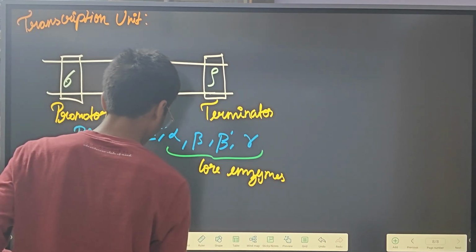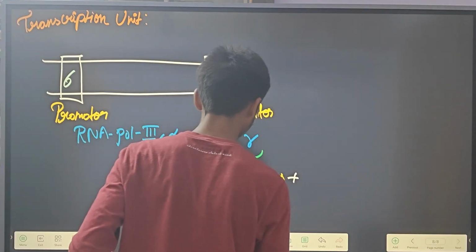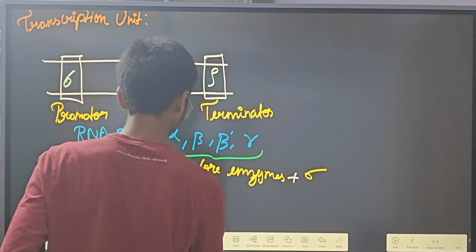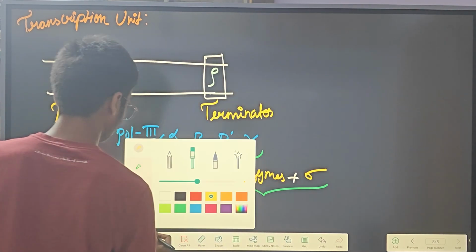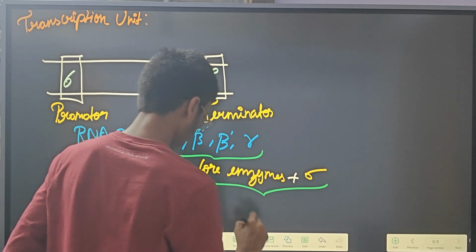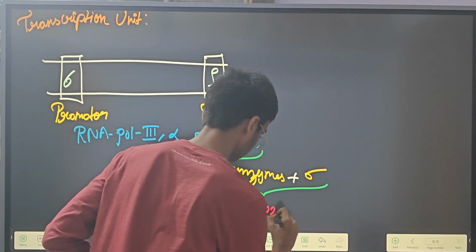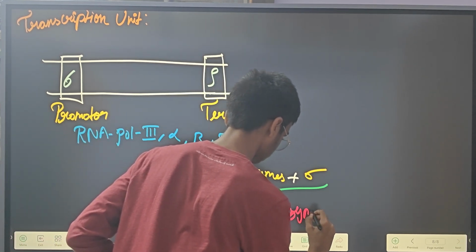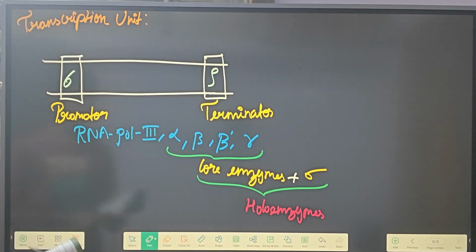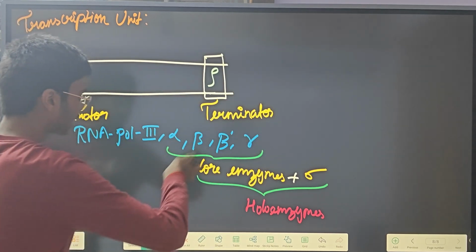When sigma is also added to this core enzyme, it is known as the holoenzyme.